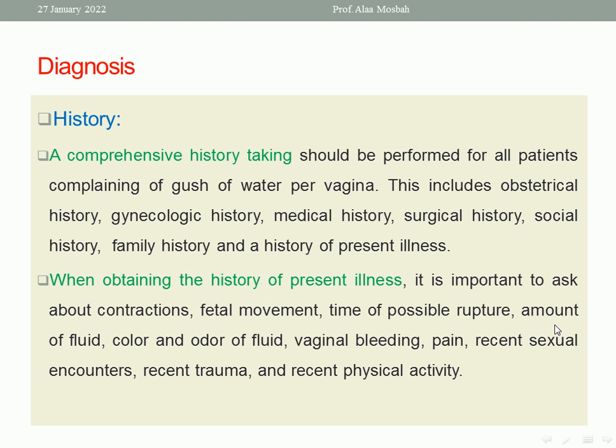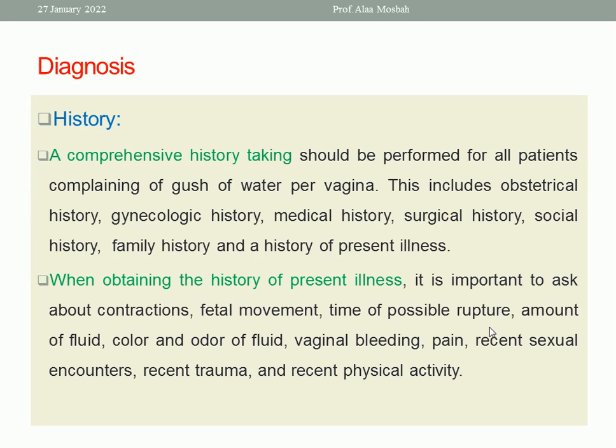How to diagnose? From history, physical examination, and the investigation. From history, you should take a comprehensive history, starting from personal and social history, going through the obstetric history, where previous occurrence of PROM in previous pregnancies is important.